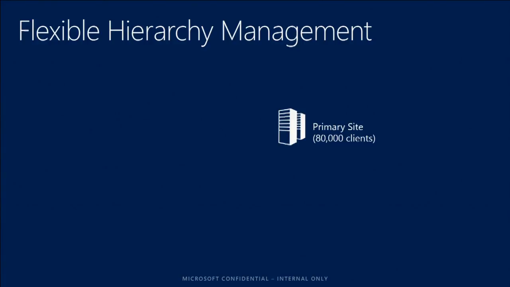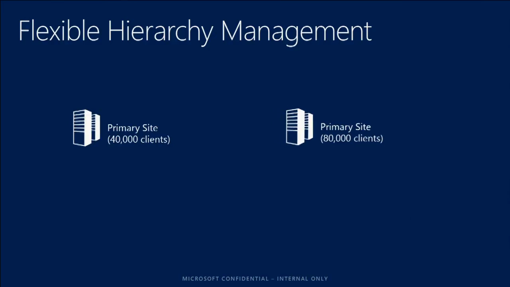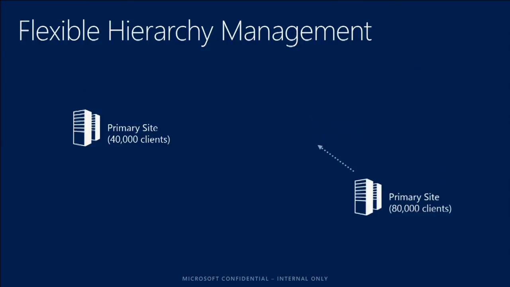So take this scenario, for example. You have a primary site with 800,000 clients, just to pick a number. And then you acquire a company, so now you have, let's say, 40,000 clients. In 2012 SP1, what you're able to do is stand up a brand new central administration site.